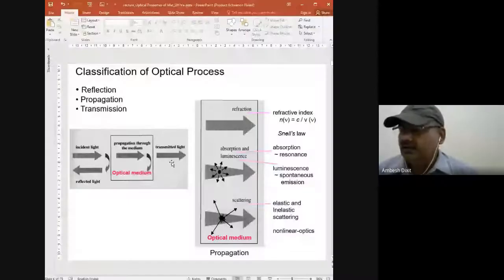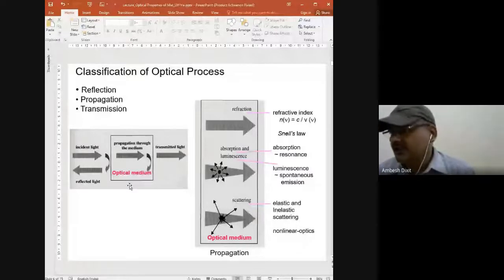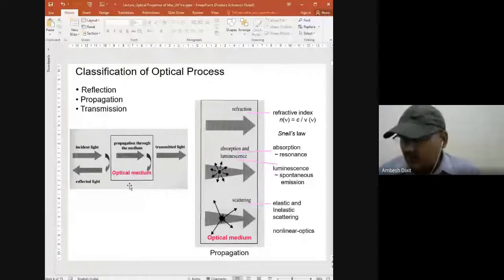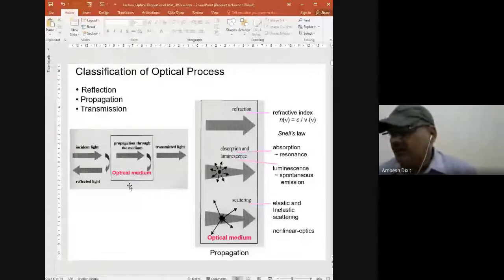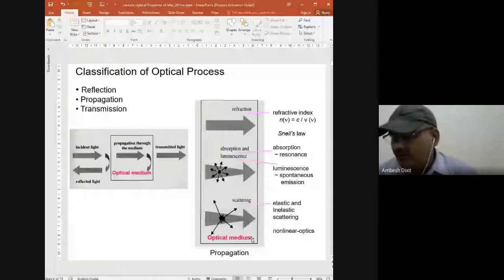In scattering, both possibilities are there: elastic scattering as well as inelastic scattering. Inelastic scattering will also give you a wonderful new dimension in the optical domain, which we call nonlinear optics, a new way of looking at materials as well.